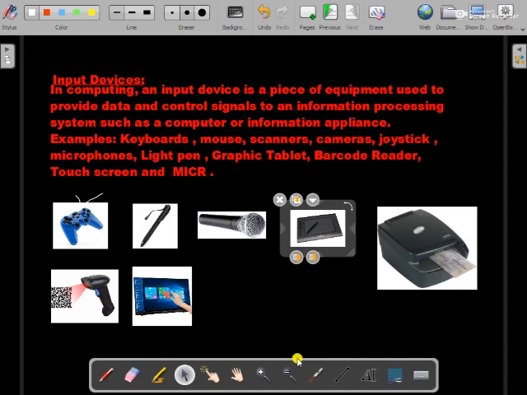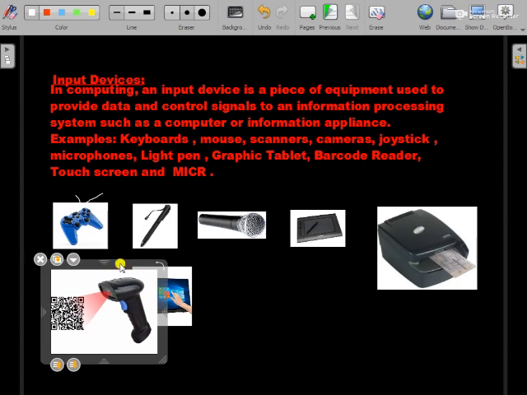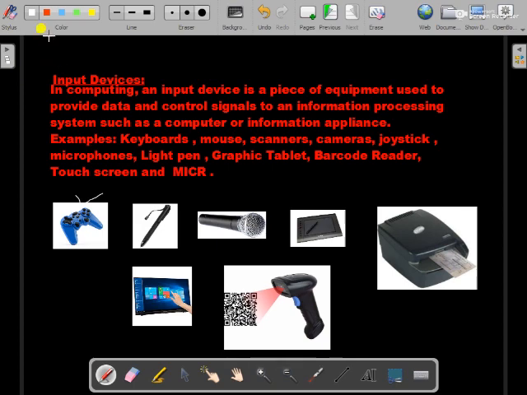Another input device is barcode reader. A barcode reader is a device used to read barcodes.